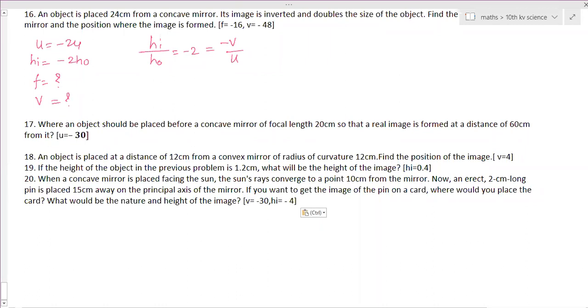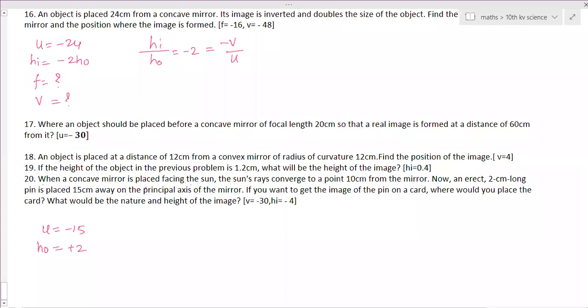Ma'am, when U is minus 15. U is minus 15. HO is plus 2 centimeter. Right. So now what is the meaning of the first line? That is important. When a concave mirror is placed facing the sun, rays converge to a point 10 centimeter from the mirror.